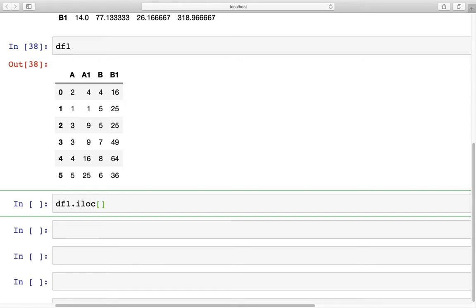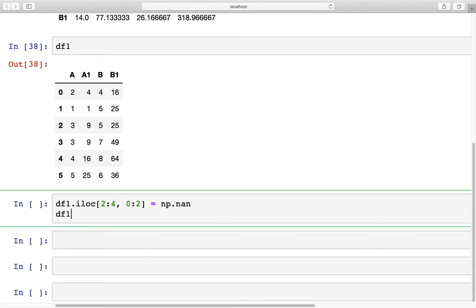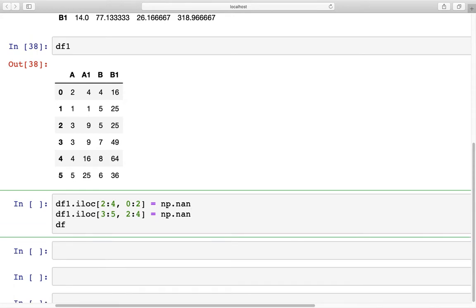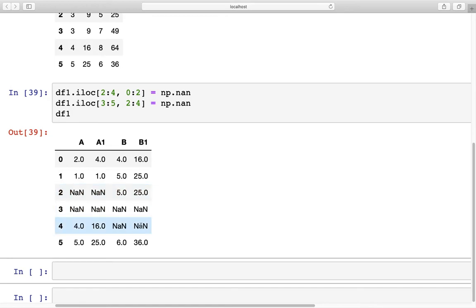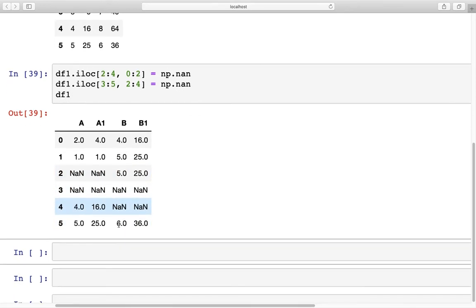And here for rows, let's say from 2 to 4 and columns 0 to 2, we'll put np.nan, and then again using iloc, let's say from 3 to 5 and 2 to 4, we'll put np.nan. So now when we look at our data frame df1, it looks like this. It has a bunch of NaN values.